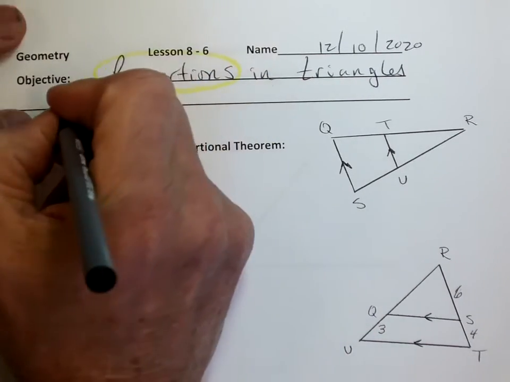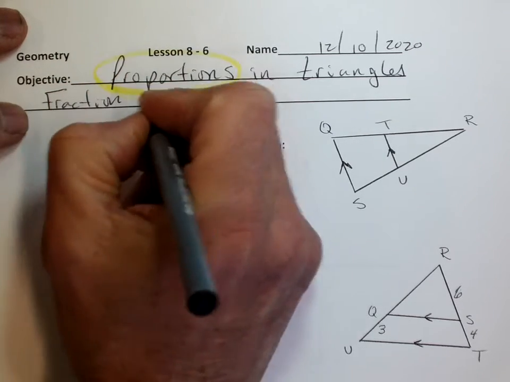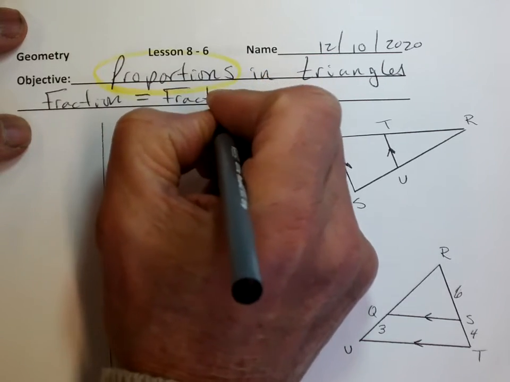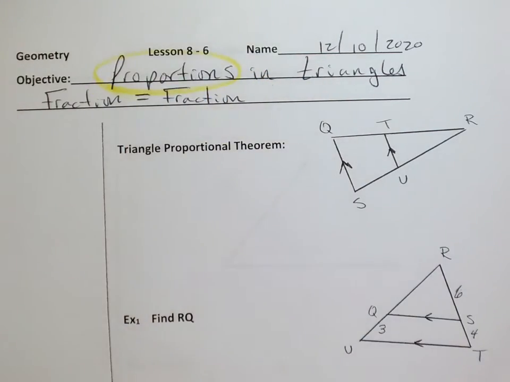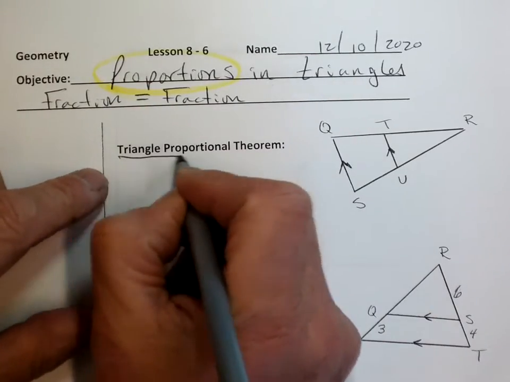That's all it's going to mean for us. Proportional means it might be twice as big, half as big, but either way you can hear the fraction, okay? So let's take a look at the triangle proportion theorem.